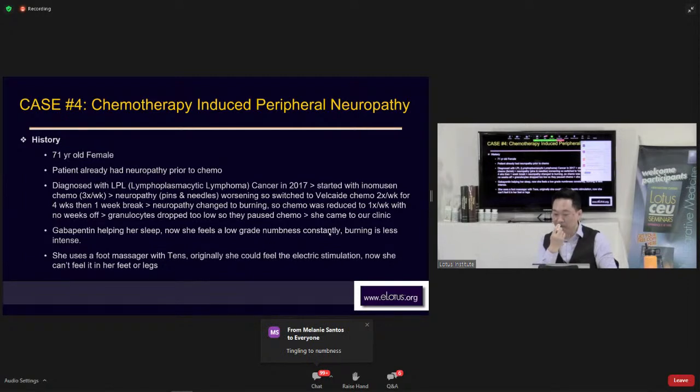Cement foot, tingling to numbness. Feels like toes are wrapped. Yeah. Cement foot. Yeah. Pain, then numbness. Yeah, all of y'all are right. This is what I have noticed treating thousands of neuropathy.